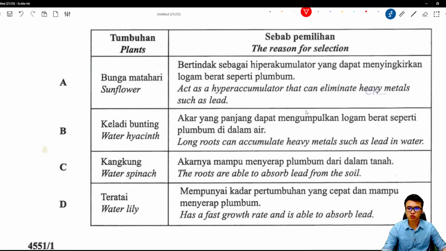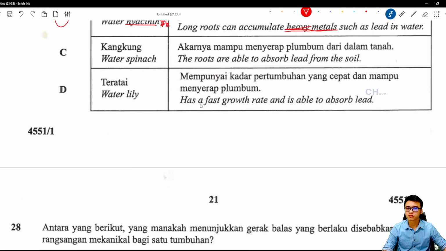If you want to remove the heavy metals, you need to use the water hyacinth. Water hyacinth is something that you need to go and memorize. Remember, water hyacinth can remove the heavy metals.